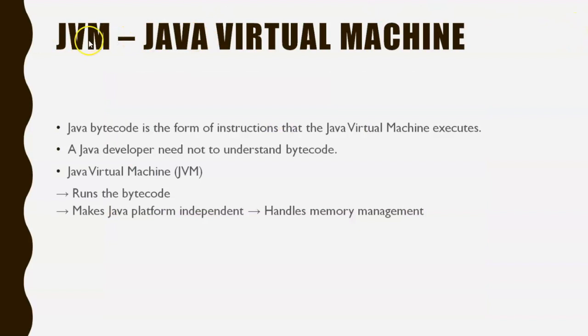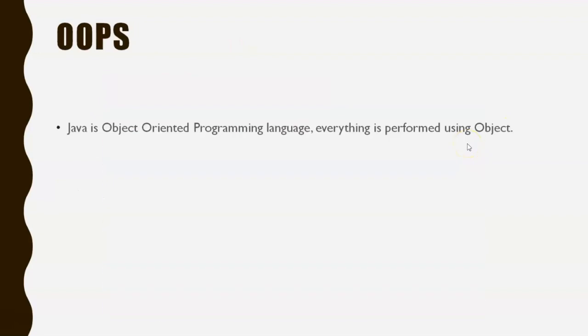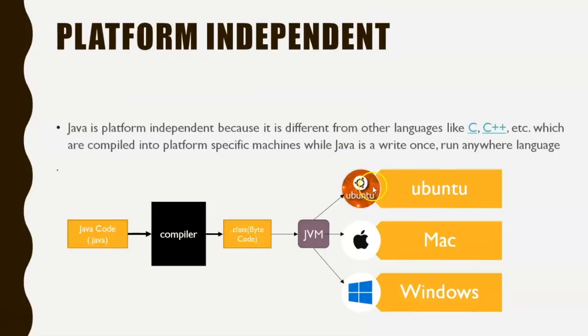Now JVM. JVM stands for Java Virtual Machine. What JVM does, it converts our bytecode instructions to the result or output. So here, if you see this diagram once again, this JVM is responsible to execute the bytecode into the result. Let's say you're developing a calculator.